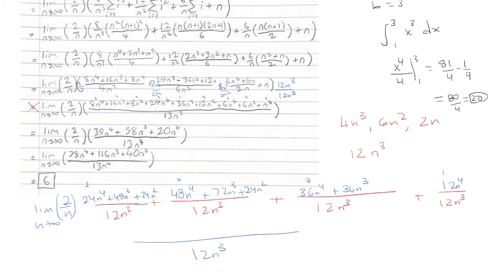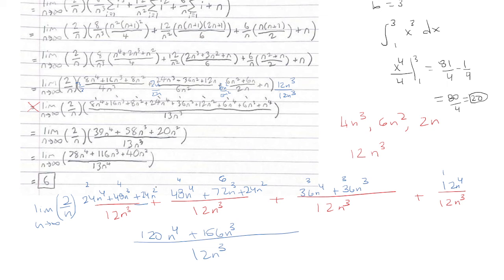Add up 1, 3 is 4, plus 4 is 8, plus 2 is 10. 12 times 10 is 120. Then we move on to 48, 72, 36. This is 12 times 4, 12 times 6, and 12 times 3. 3 plus 6 is 9, plus 4 is 13. 13 times 12 is 156.